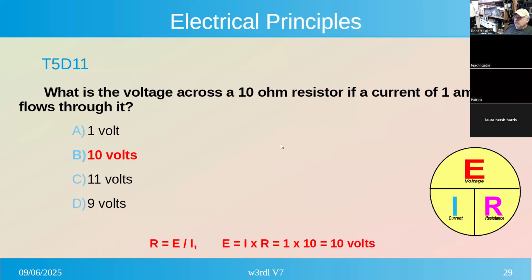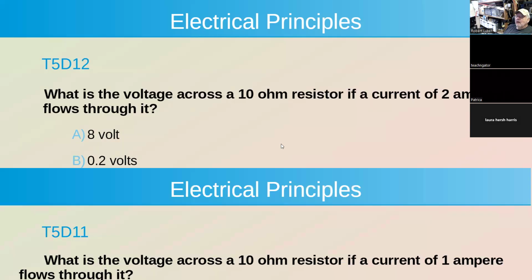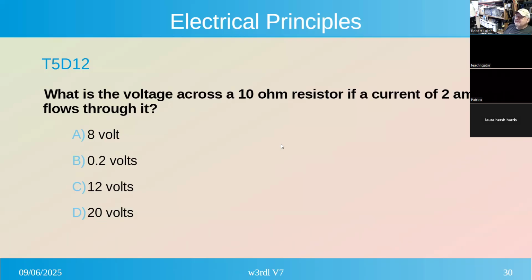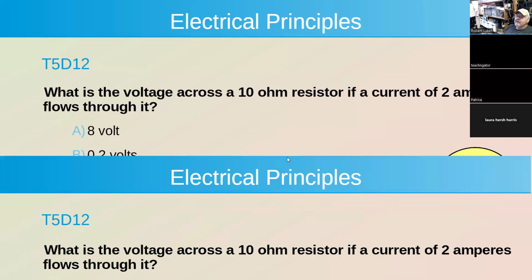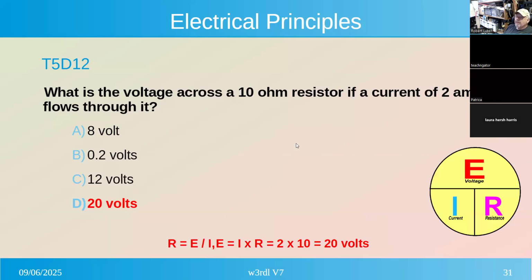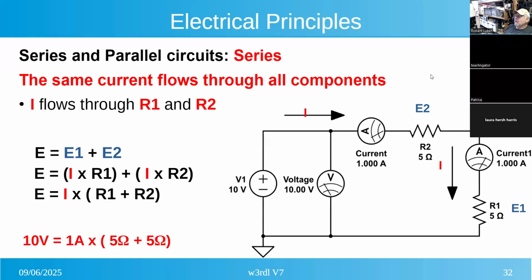Bravo. What is the voltage across a 10 ohm resistor if a current of 2 amperes flows through it? Yeah, delta. Okay, that's all of those.